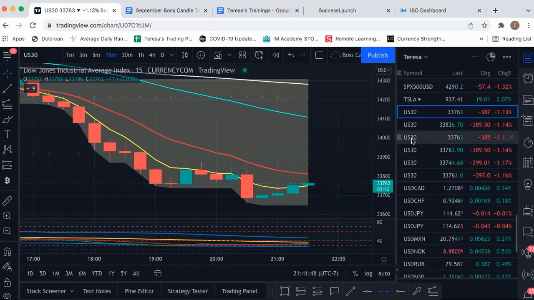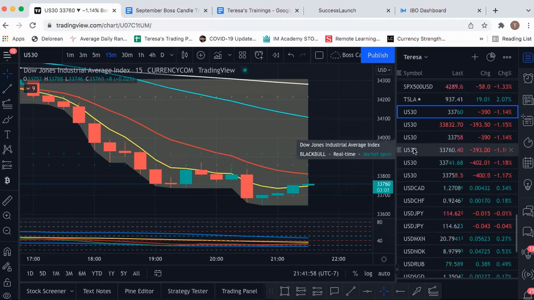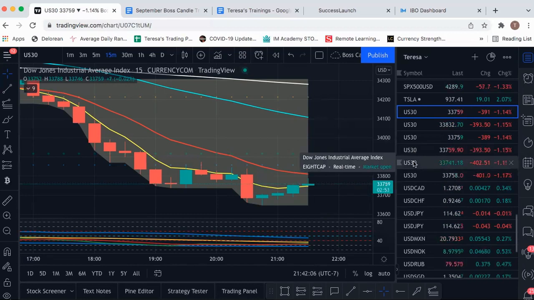Okay, and then the next broker on this list here is very similar to currency.com's price. It's pretty much identical. Okay, so capital.com is pretty much identical. Black Bull, 33,757, 759. It's also very close. The next one here, 33,740.